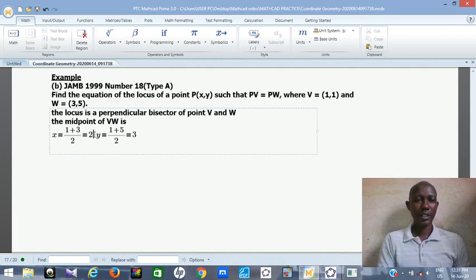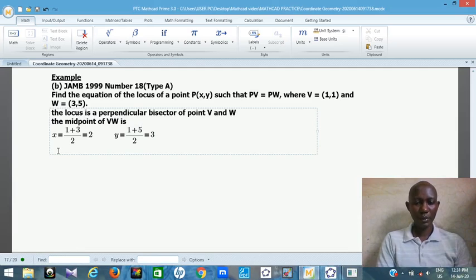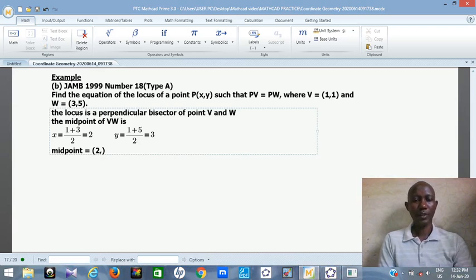So take note of that. The midpoint is equal to (2, 3). So this is the midpoint.